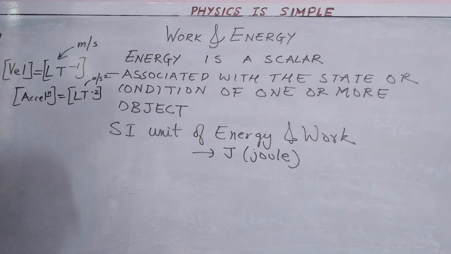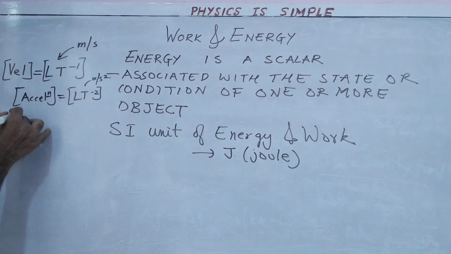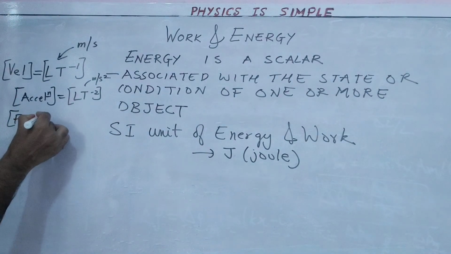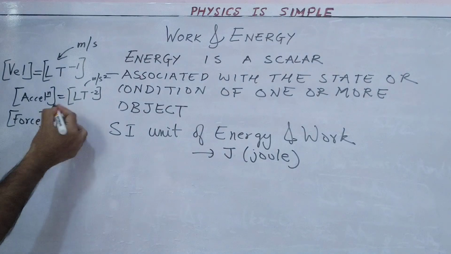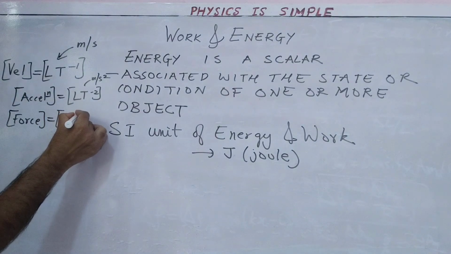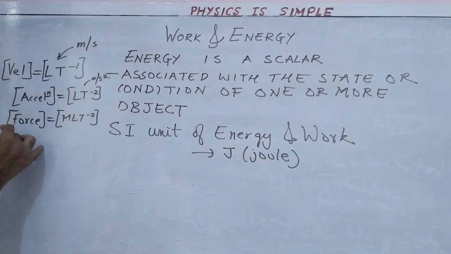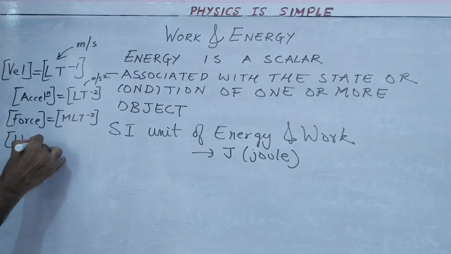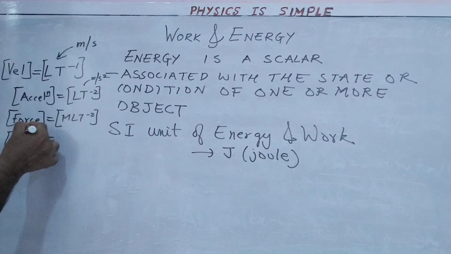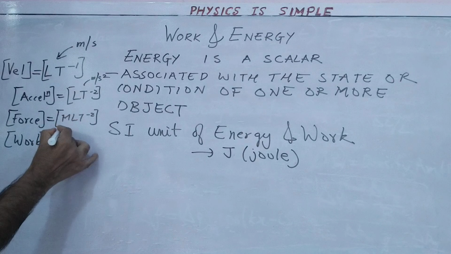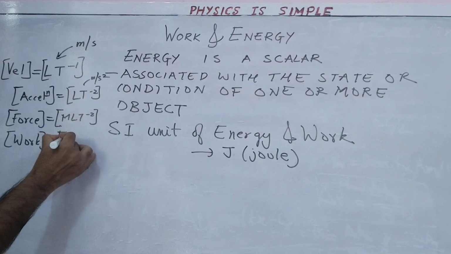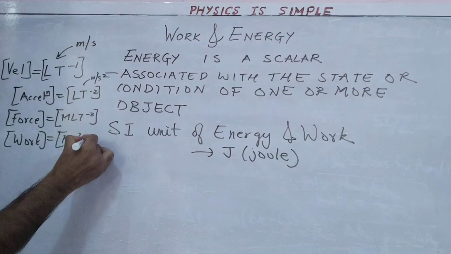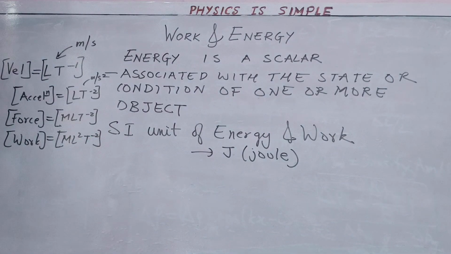And from acceleration we get force. Force is mass into acceleration. So we get MLT^-2. And from there we get work. And that is force times displacement. So multiply this by L. We'll get ML^2T^-2.